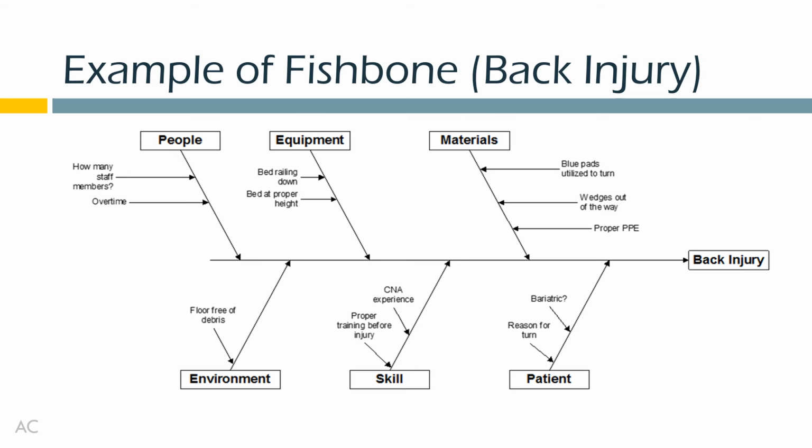Did the person work overtime so he had a bad back injury? If you see equipment, was the bed at a proper height for that person to pick up the bed? What materials did the person use? What was the work environment? Was the floor slippery or not? Did the person have CNA experience? If not, then that could be the cause of the back injury.